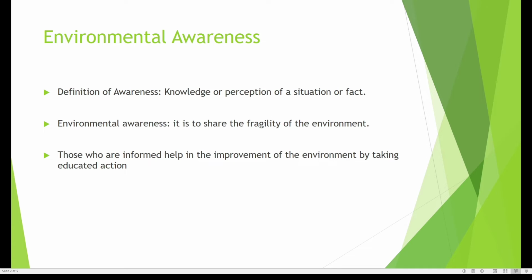Those who are informed help in the improvement of the environment by optimizing the number of resources humans exploit for a sustainable development. This is where environmental science comes in, as it is the best way to know how to best optimize the actions of people.